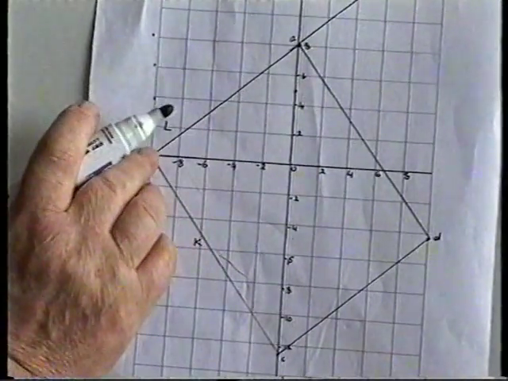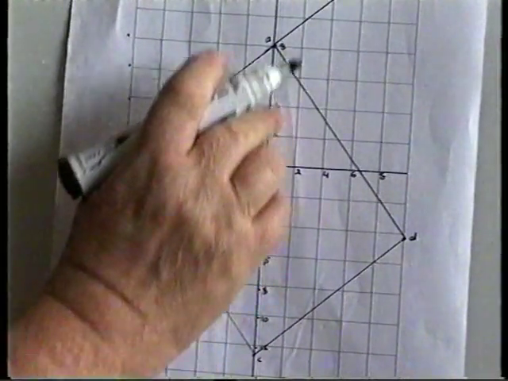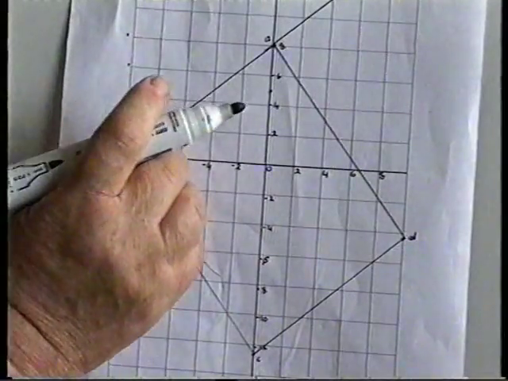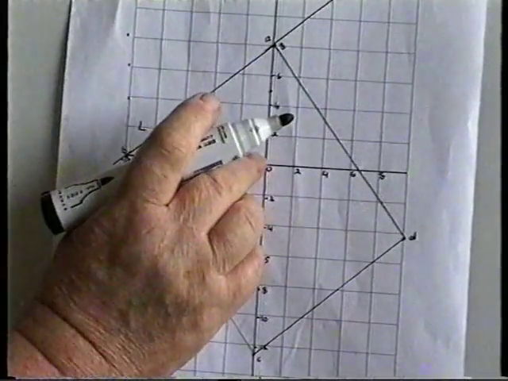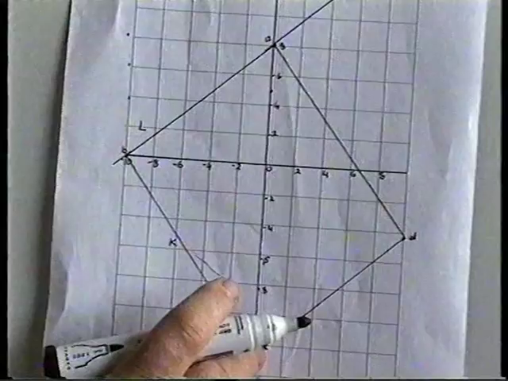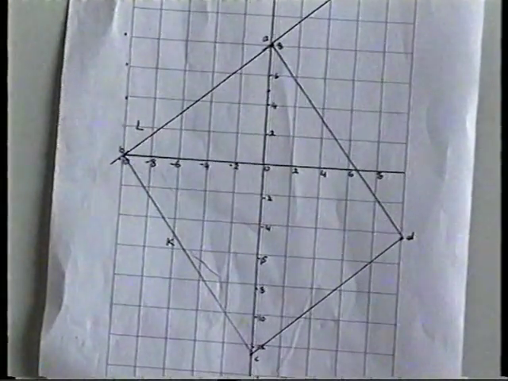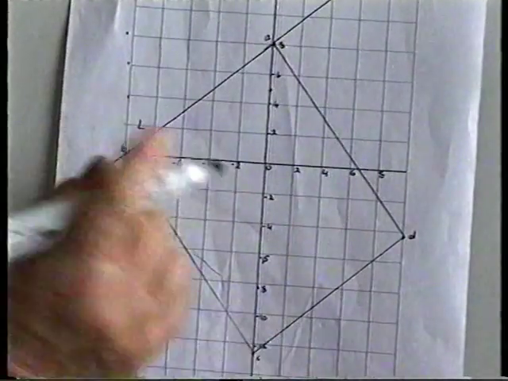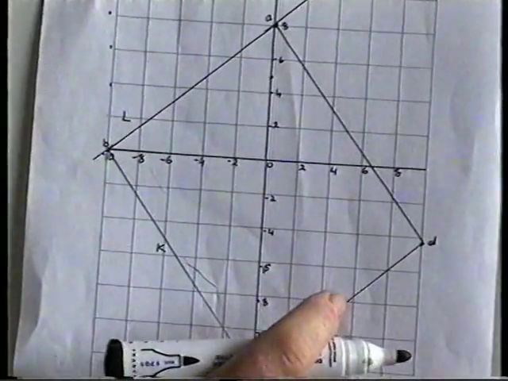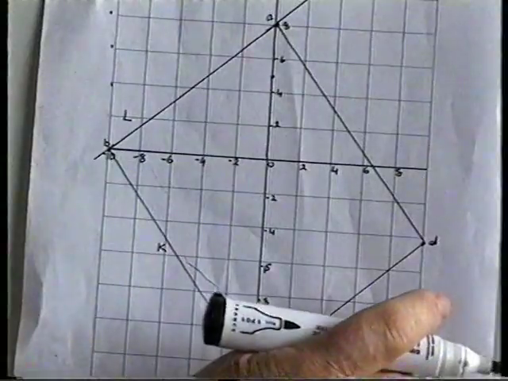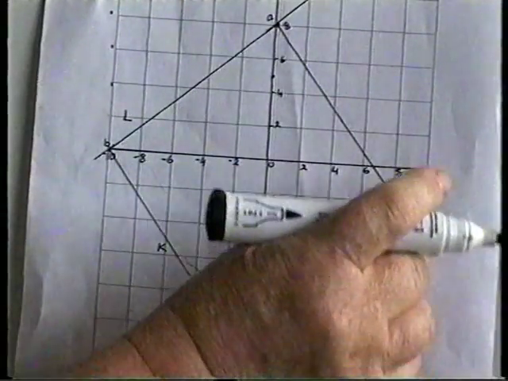I'm saying across 4 and up 5, but each of those are 2. It really moved across 10 and up 8. So this has to move across 10 and up 8 to get to the point D. Doubling, 2, 4, 6, 8, 10, and then 2, 4, 6, 8.